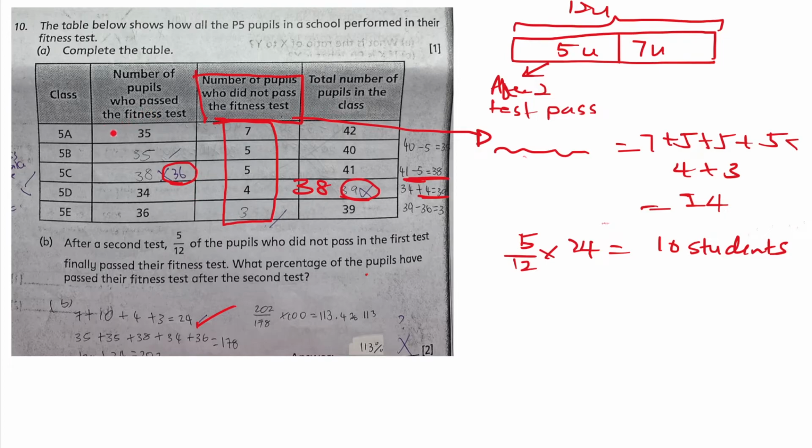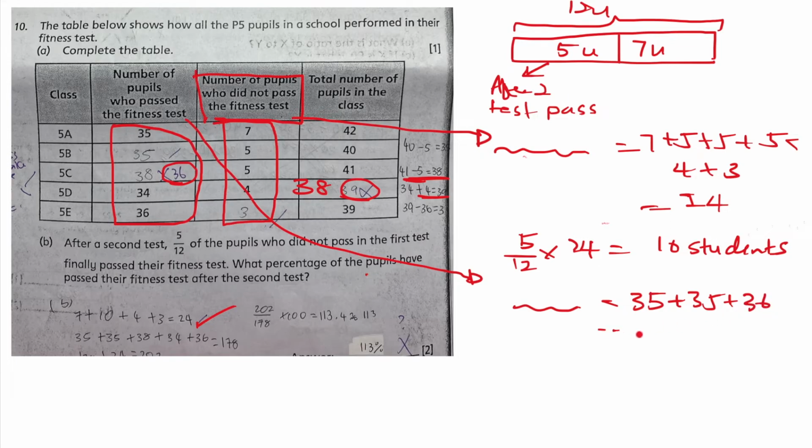So I have the total number of students who passed the first test. So you write a sentence here. First test, you add up the whole sum of this. Add 36. You will have 176 students.